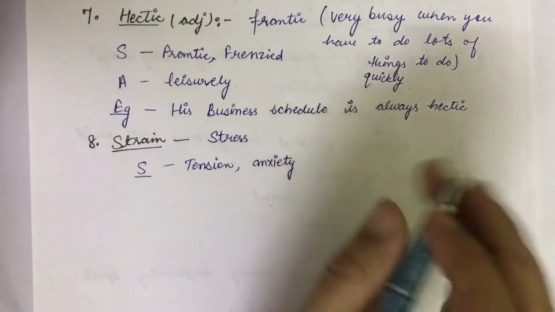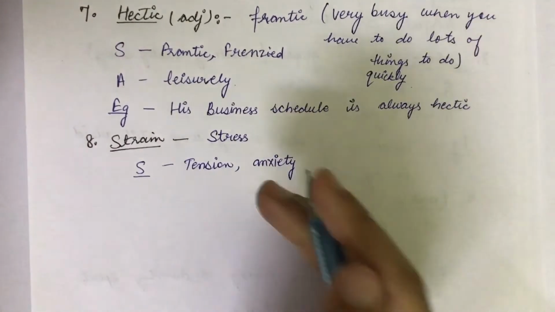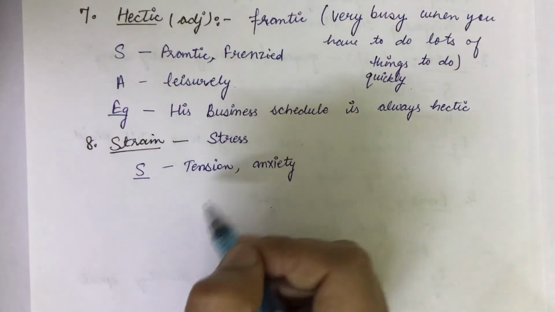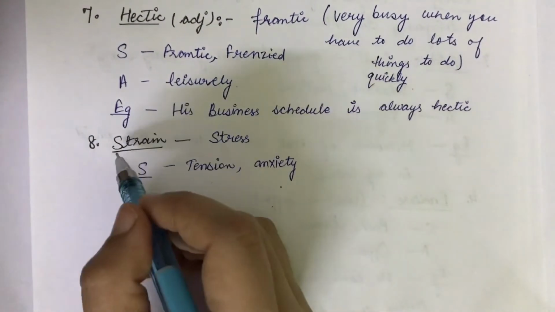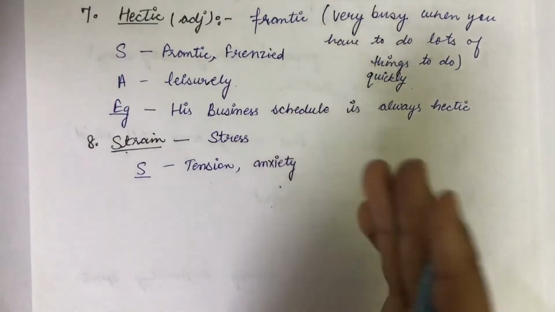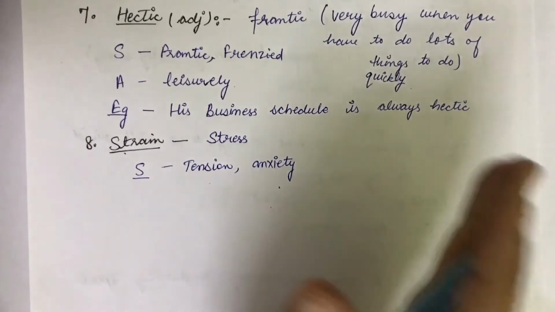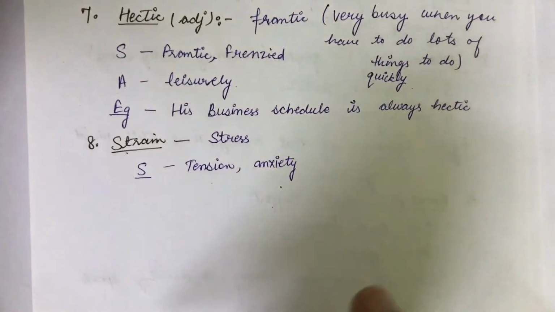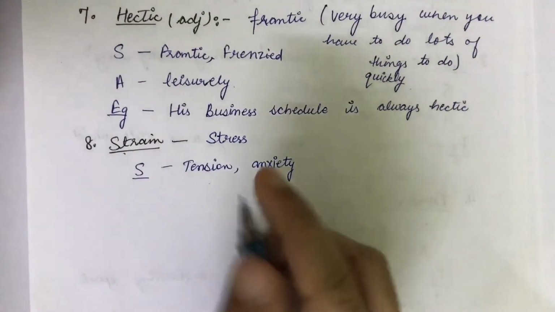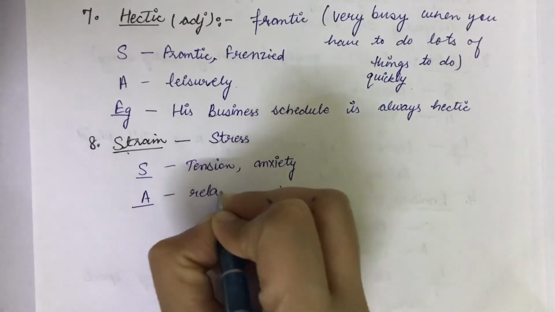If you want to use the word stress anywhere, you can replace it with these words: tension, anxiety and strain. This is how you add to your vocabulary, when you keep replacing simple words with something a bit uncommon. The antonym to this word is relaxation.